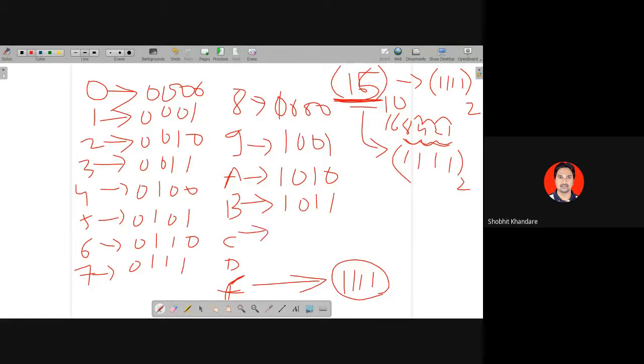For C it is 12, so 12 can be represented as 1100.